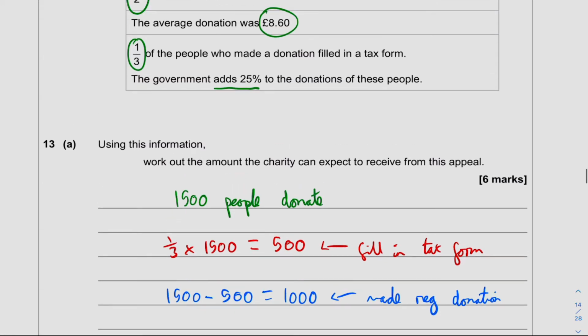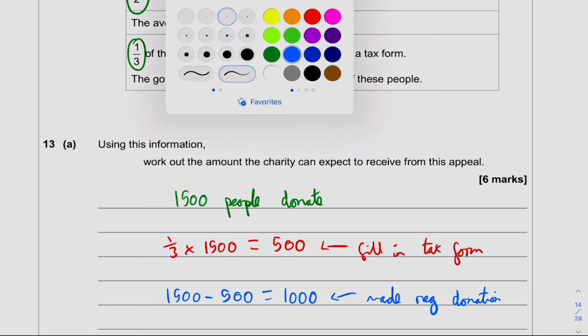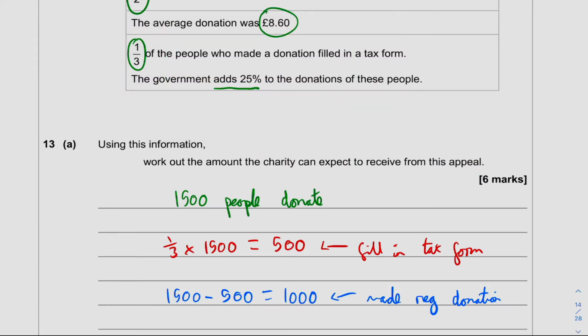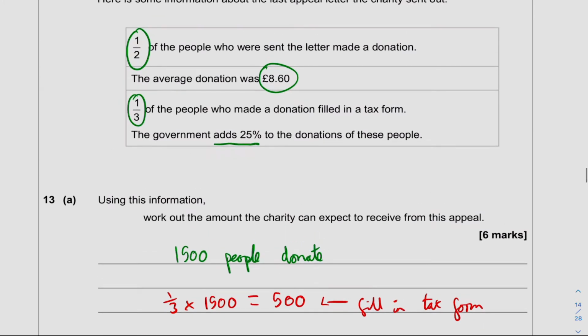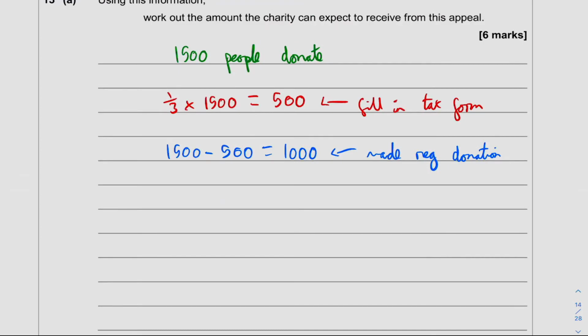Now we just need to work out how much these 500 people pay with donation plus the government's addition, and then how much these 1,000 people pay, and add them together to work out the total amount they can expect to receive from this appeal. For the 500 people who fill in the tax form, we take the average donation of £8.60, multiplied by 500.